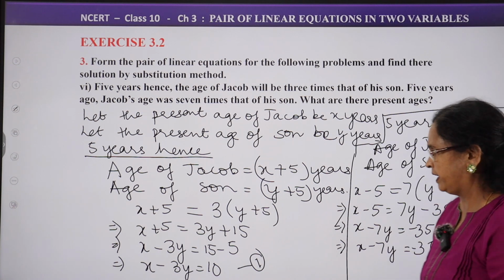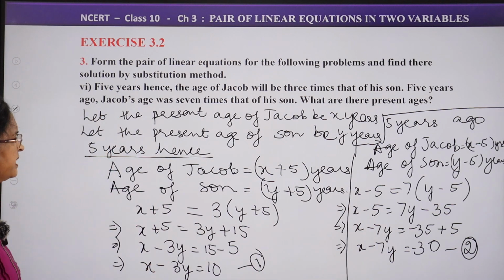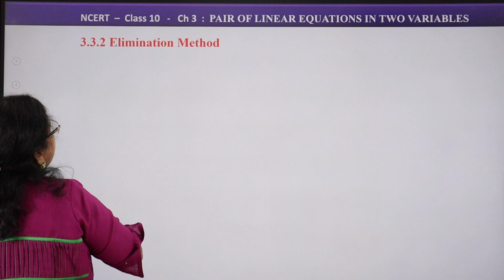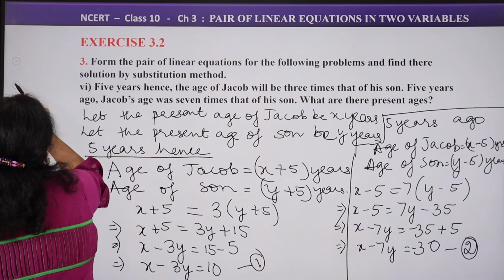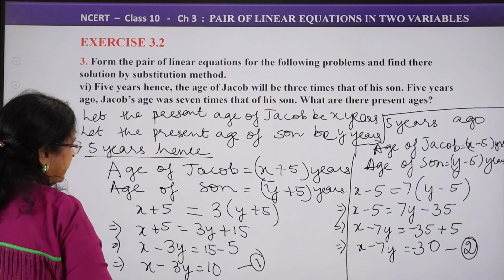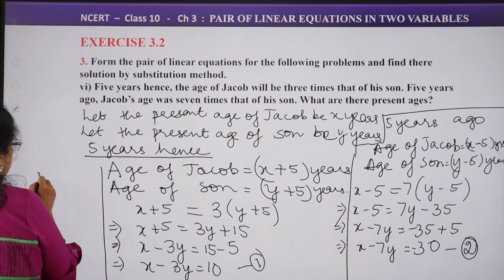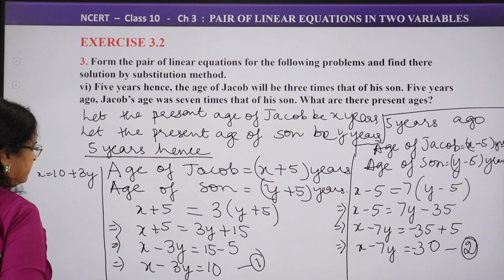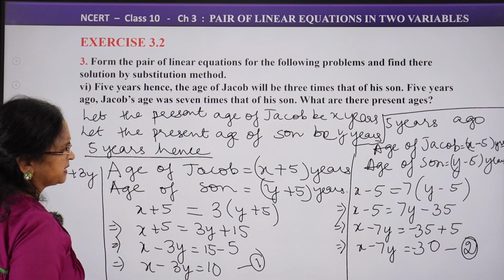Now solving. Here we got x minus 3y is 10. What is x? 10 plus 3y. Correct. x is equal to 10 plus 3y. All right. Now, x is equal to 10 plus 3y.